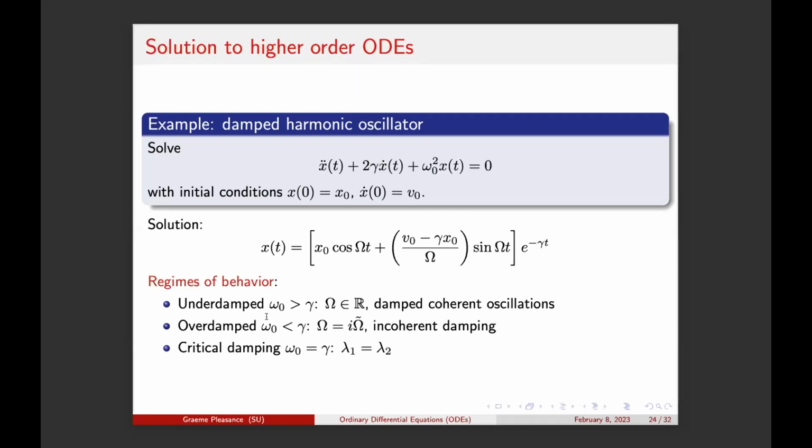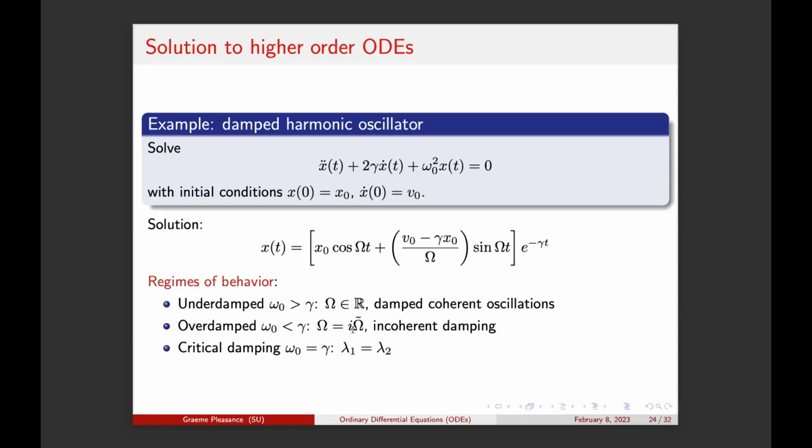Another regime would be the case where omega naught is less than gamma. Or should I say, this first regime is usually called the underdamped regime. So in the other case where omega naught is less than gamma, we have to take into account the fact that this capital omega is no longer real.